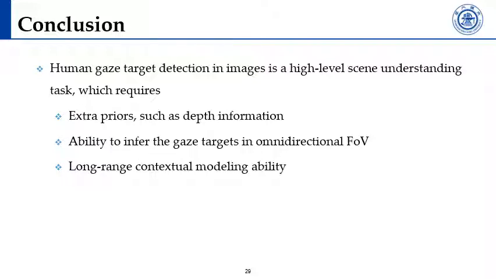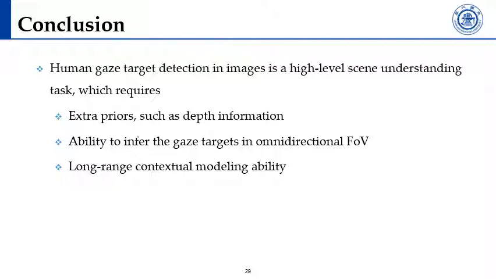Okay, and last we give the conclusion. Human gaze target detection in images is a high-level scene understanding task. So it requires some actual priors such as depth estimation to help us precisely locate the gaze targets.